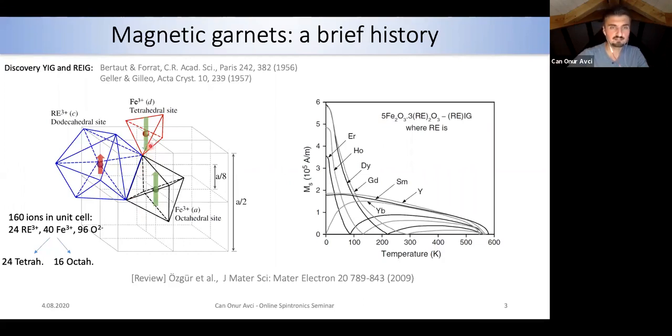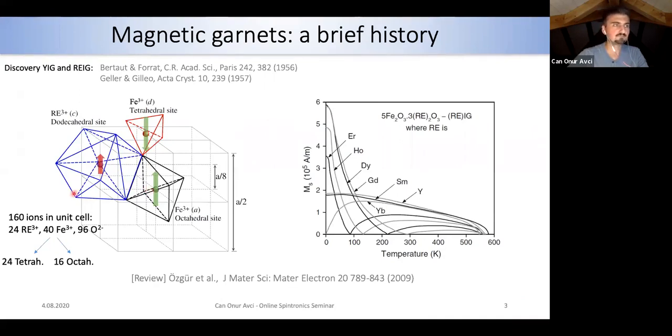So that's a ferrimagnet. On top of that, you have this rare earth that contributes to the magnetization. The main coupling of this rare earth is to this tetrahedral site, and that couples also antiferromagnetically due to this super-exchange, but the interaction between this site and this site is very weak, so it's negligible.